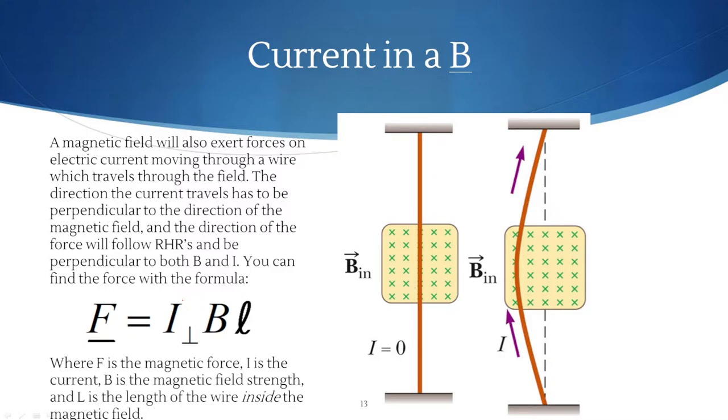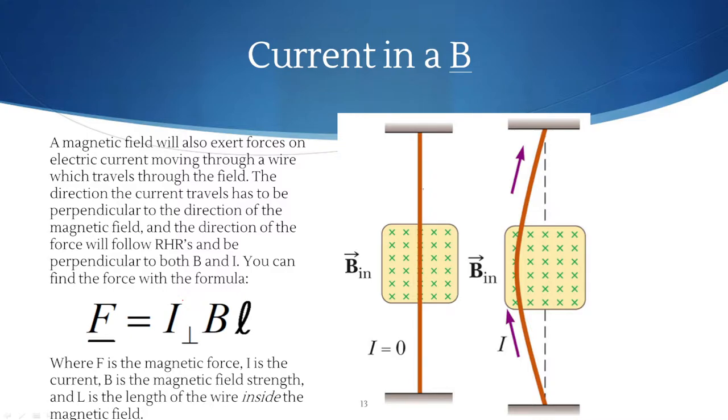In this image, this is a copper wire, and part of that wire is being exposed to a magnetic field. These green X's represent a magnetic field moving into the board, into the screen in this spot.